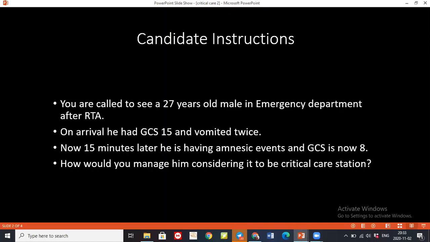Can you tell me the pathophysiology of increased intracranial pressure? The pathophysiology of raised intracranial pressure follows the Monro-Kellie doctrine, where the hypothesis is that the skull is a fixed box comprising three components: the brain tissue, the blood, and the cerebrospinal fluid in equilibrium.